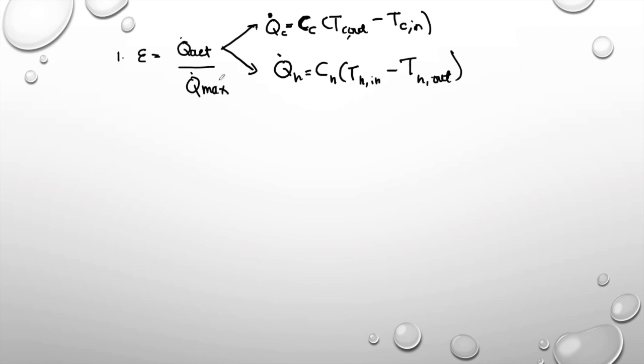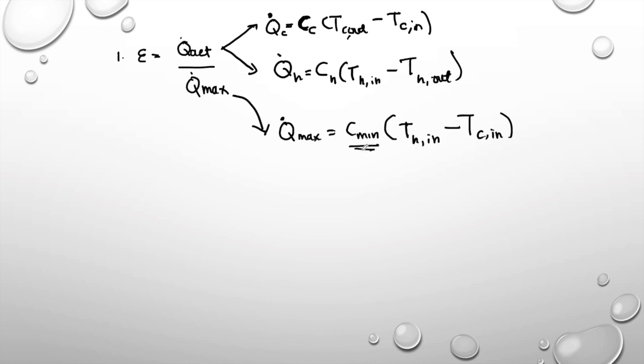Previously, we know that the Q maximum comes from this equation: Q dot max is equal to C minimum times T H in minus T C in. So this is the equation for the Q maximum.